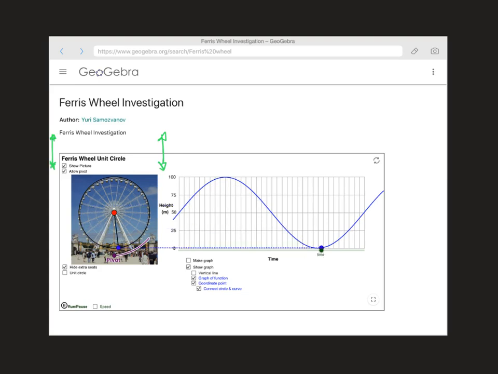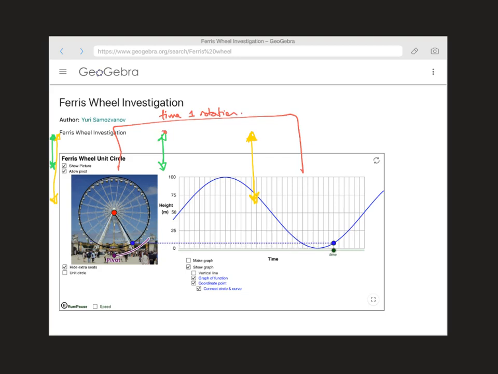If we talk about the height of the Ferris wheel, or the diameter of the Ferris wheel, then we're talking about this distance here, which is the range for that particular function. The period of our function is the time that it takes for one rotation.